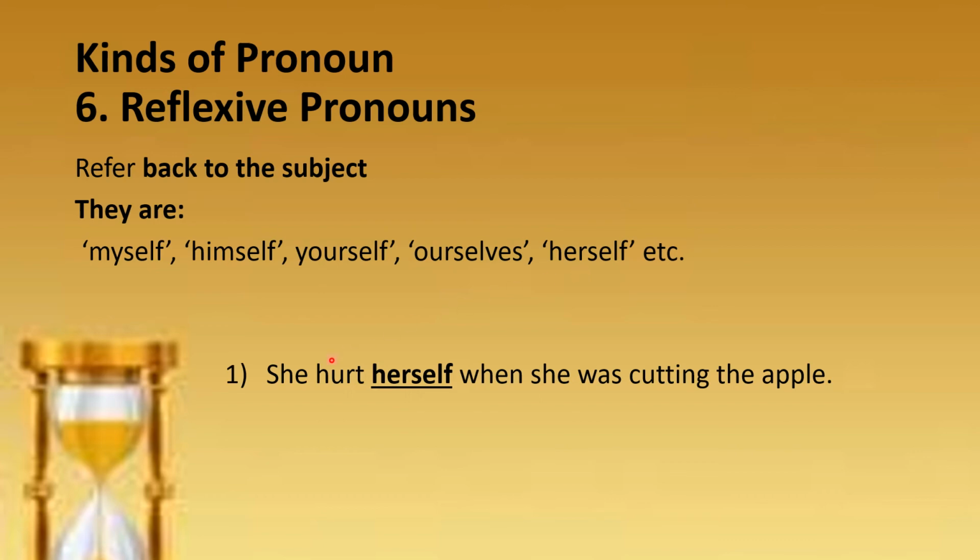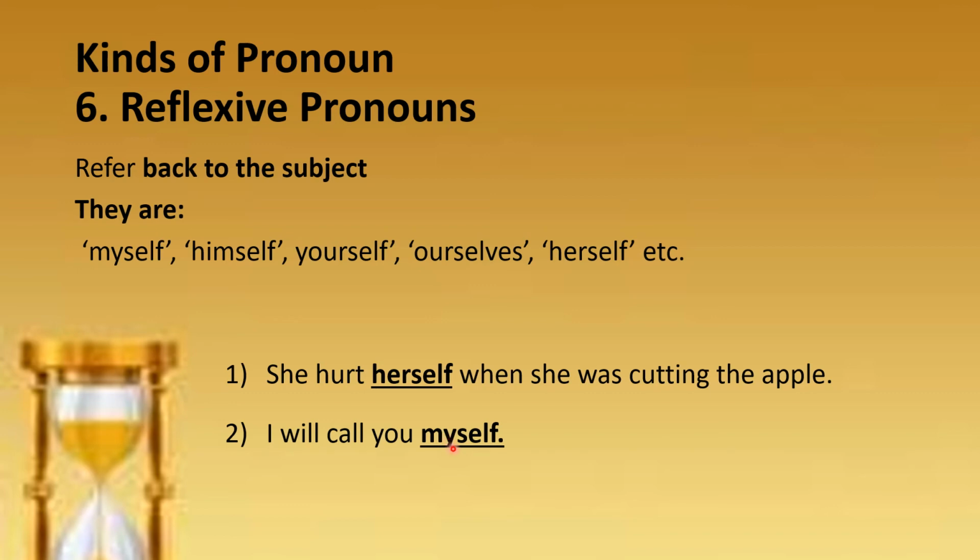See the example. She hurt herself when she was cutting the apple. Herself is referring back to the subject, which is she, so it becomes a reflexive pronoun. I will call you myself.